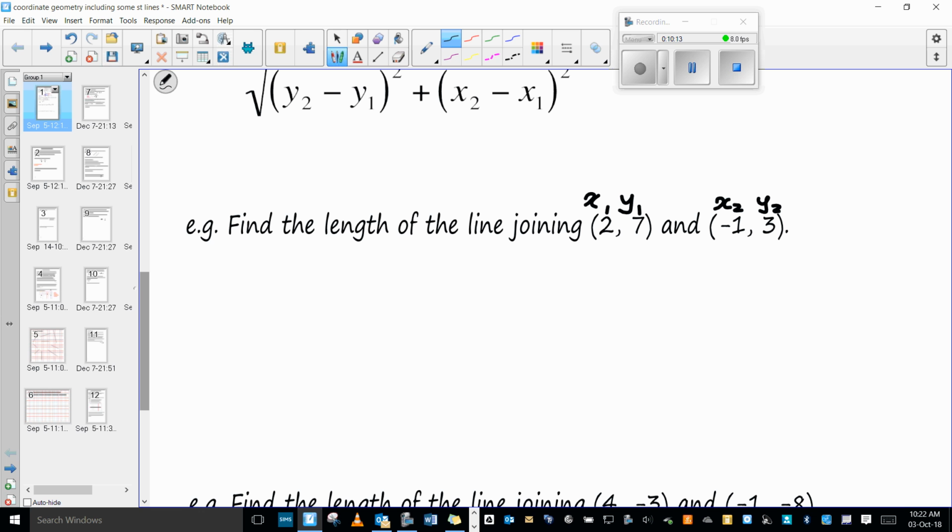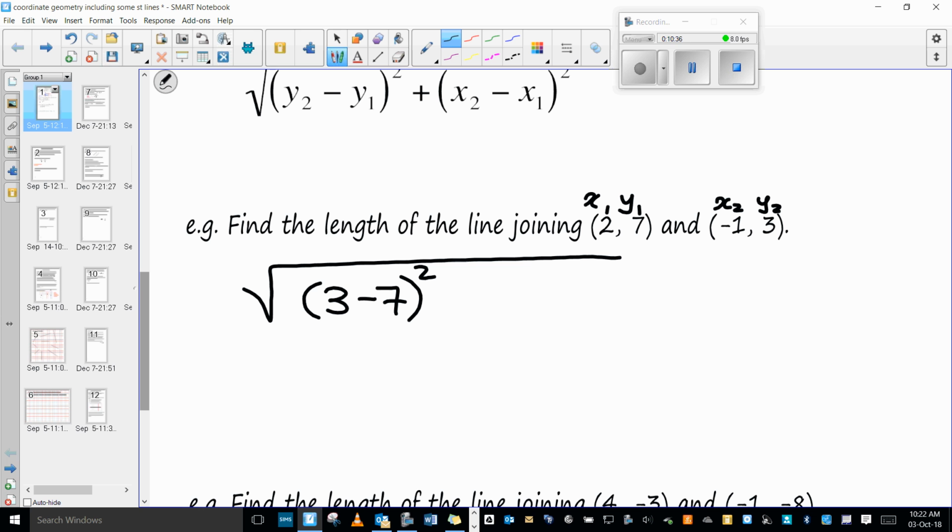So if I was to find the length of this line, I would have the square root of, what's y2? 3. And y1 is 7, yeah? And we're squaring that. What if you put the x squared?